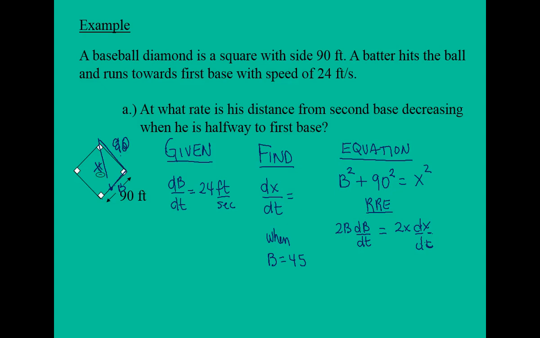What information can we now plug in? We do have b, so we can say 2 times 45 times dB/dt, which is 24 feet per second. And now we need to find x because we are trying to solve for dx/dt. So if we can find x, we can solve this problem.